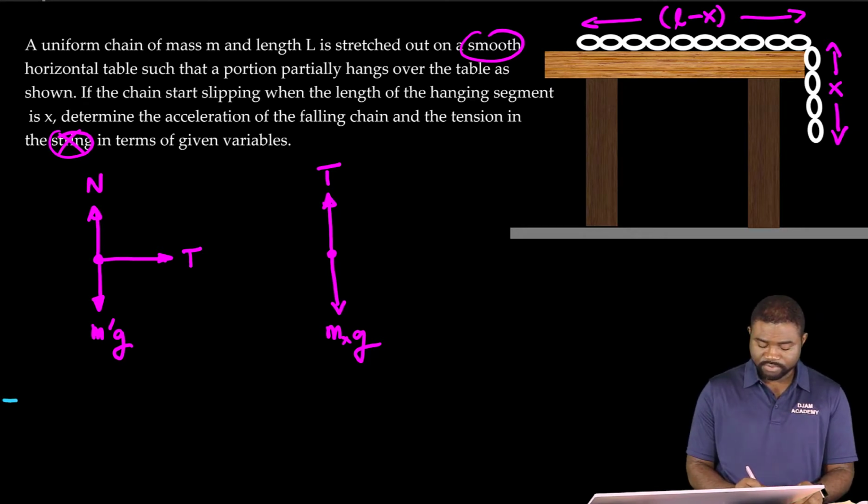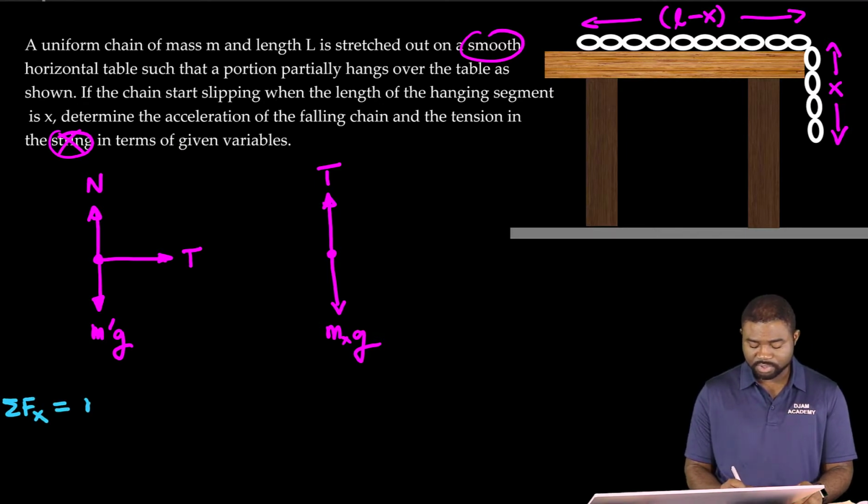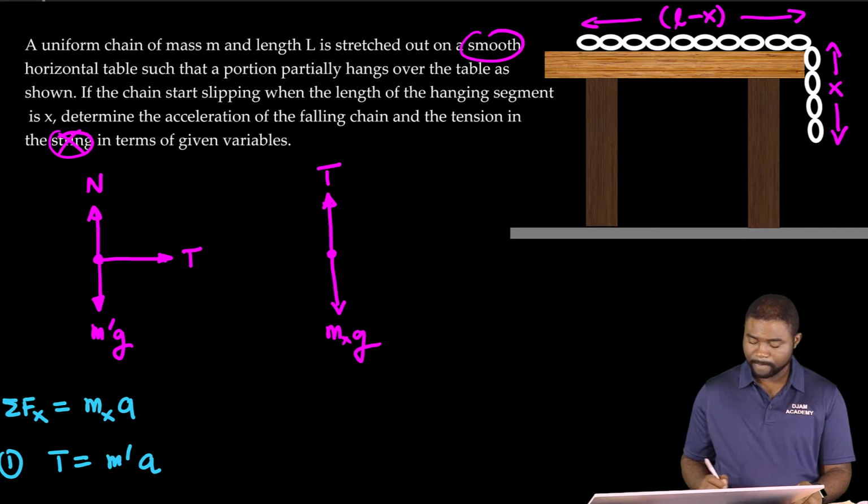We therefore have the summation of F along the x direction equal to mass times a. So for portion 1 of the chain, we will have T equal to M prime a.